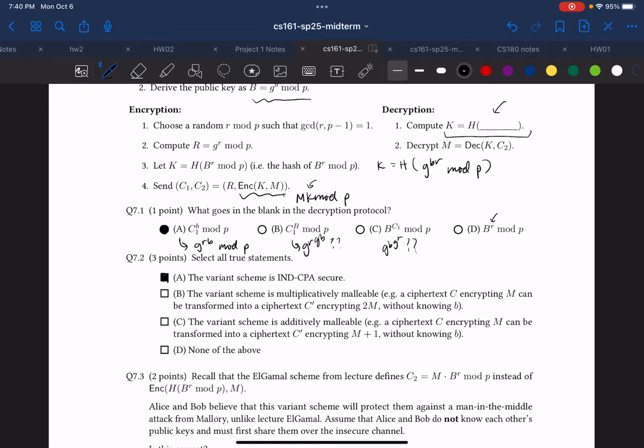So that's why B and C are not selected. But besides that, El-Gamal is IND-CPA secure, and we did not make any changes that should have affected that. So A is the answer.